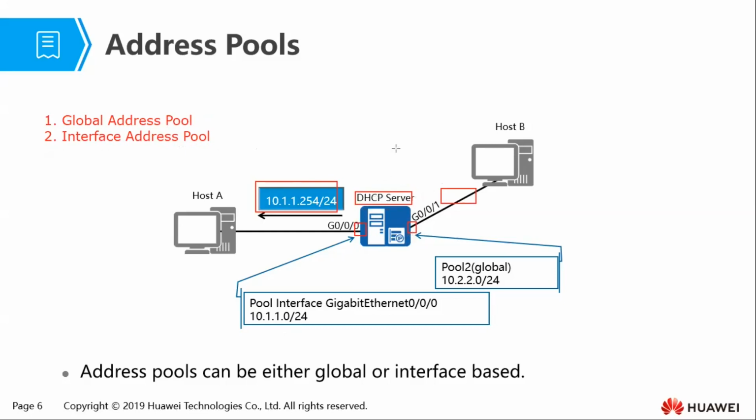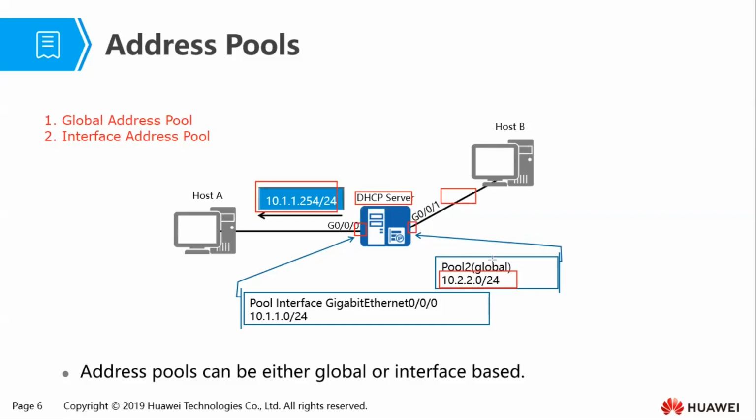So when you configure on the global pool, for example here, we are configuring this address range. So from 10.2.2.1 all the way to 10.2.2.254.